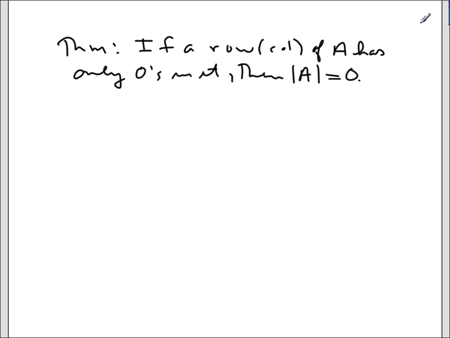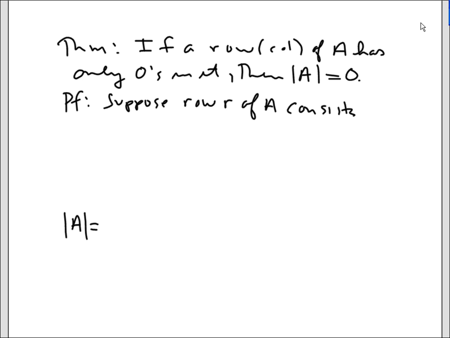And this is kind of obvious because remember, the determinant of A, well, let me just start the proof a little bit. Suppose, I want to label the row, suppose row R of A, or column R of A, consists of only zeros.